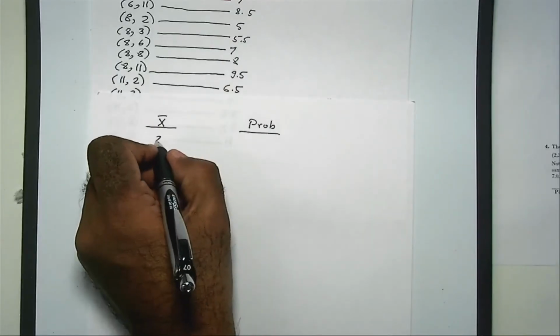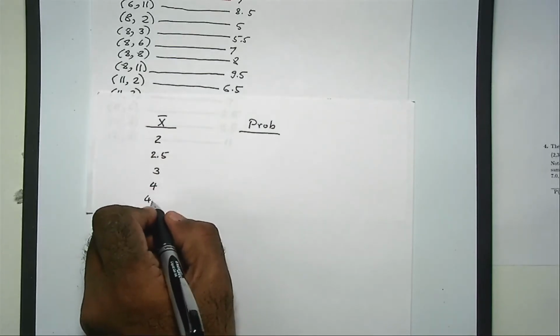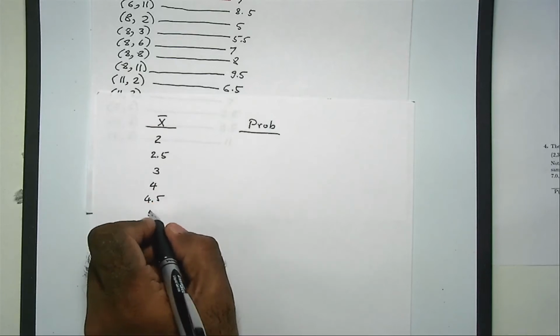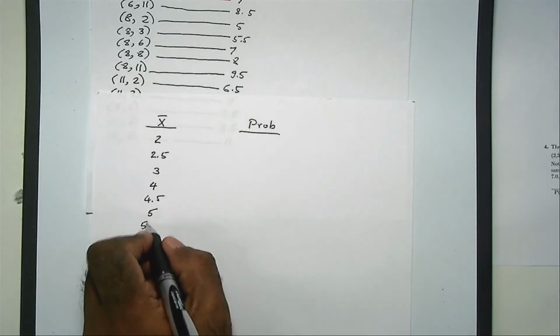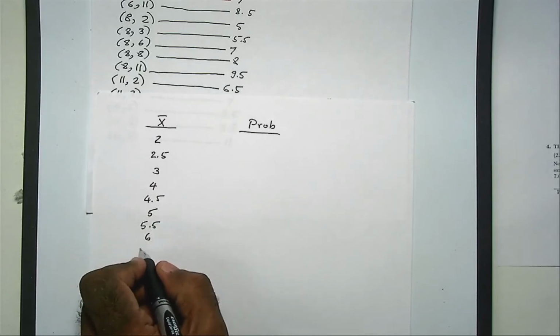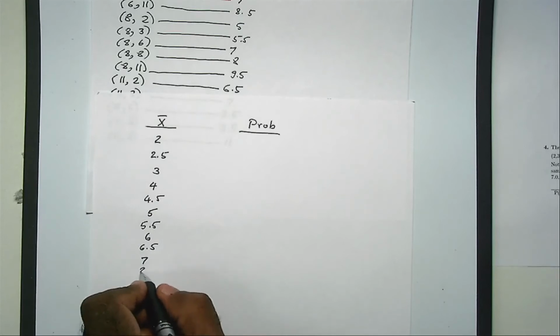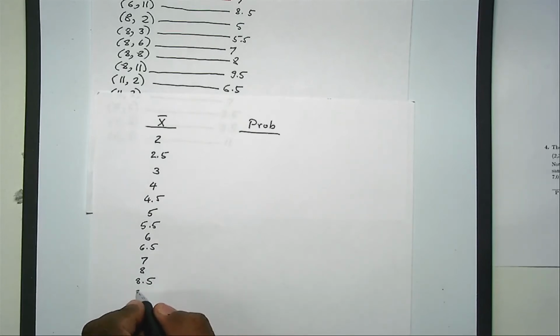It's 2, 2.5, 3, 4, 4.5, 5, 5.5, 6, 6.5, 7, 8, 8.5, 9.5, and 11. So these are the possible values for X bar.